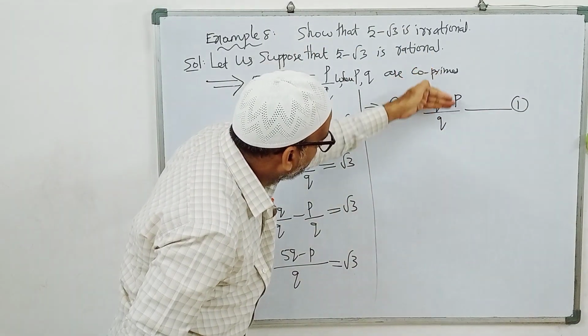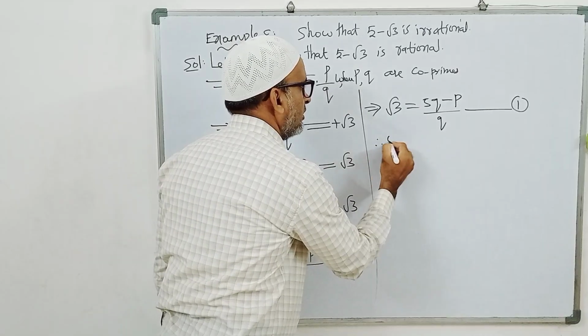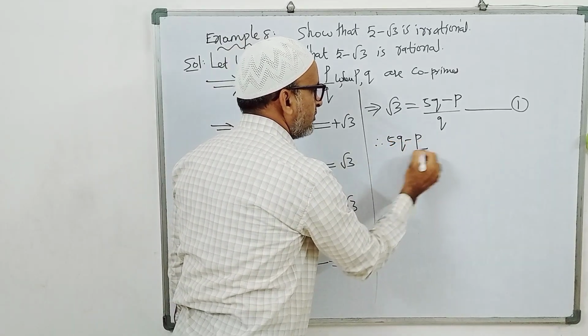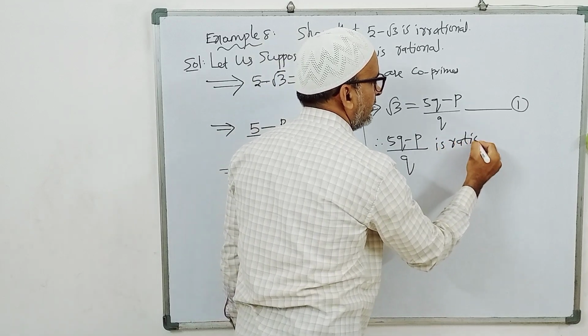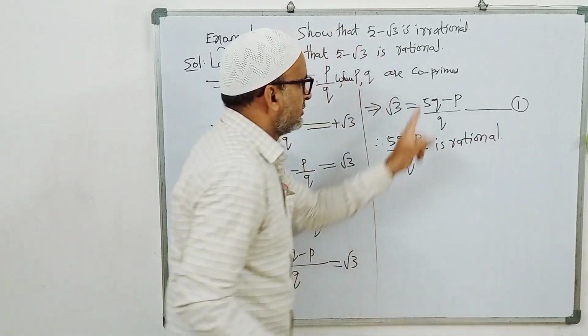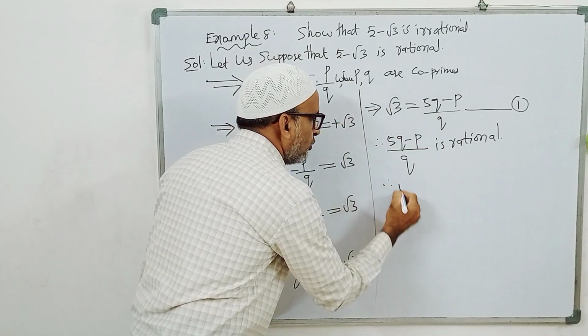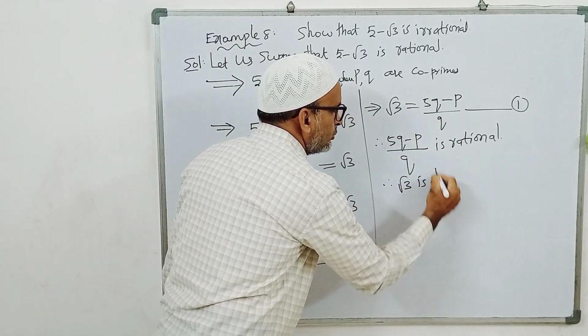Again it is in the form of p by q. Therefore, 5q minus p by q is rational. This is rational means therefore root 3 is also rational.